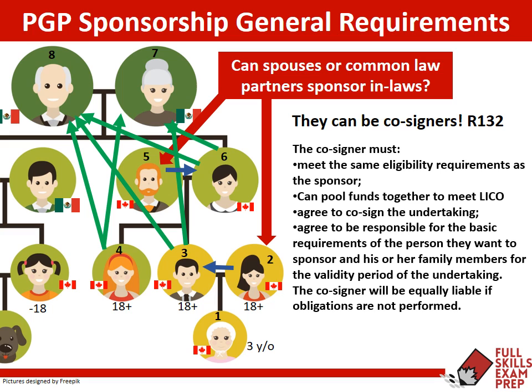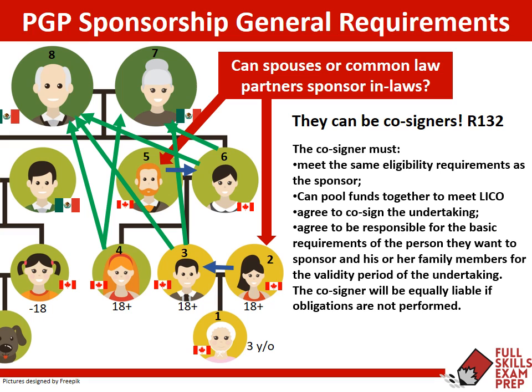All right, they have to co-sign the undertaking, and that means they're both responsible for that undertaking. We're going to see more and more that this is a huge responsibility, and you're going to see this in one of the scenarios we're going to look at later. Now, if those obligations that they agree to undertake are not met, they're both equally responsible.